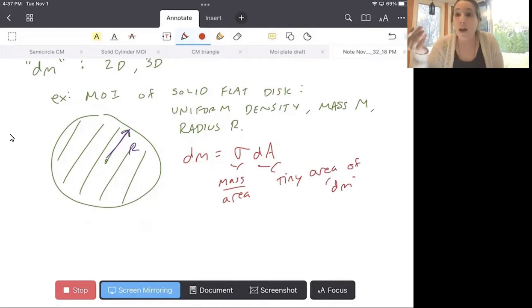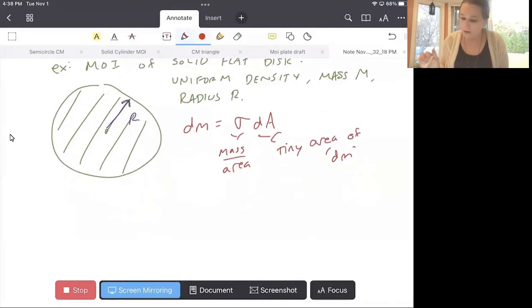So I can write out sigma because I just told you it was a flat disk. I know the area of that disk in terms of r. It would be pi r squared. I know the mass, I'm given the mass m, or the problem could give me some variable density. So I could figure out sigma. The question then is, what do I use for dA? And that relates to what I choose for my dm.